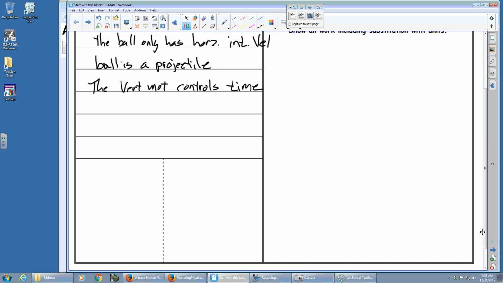Thus, the only change in its motion is it accelerating downwards, with the acceleration caused by the force due to gravity. But I might draw my little diagram here, giving my V initial in that direction, and then kind of just scoping out the path that follows. I know it's accelerating down at that acceleration caused by the force of gravity.